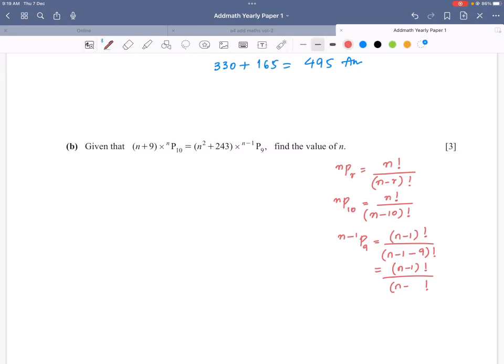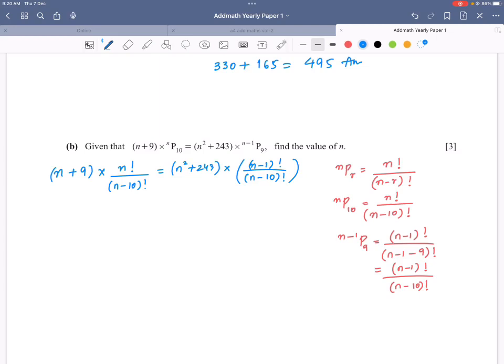Alright, now we need to plug in the formulas we have just derived. It says n plus 9 times nP10. For nP10, the working formula is n factorial divided by n minus 10 factorial, equal to n square plus 243 times n minus 1 P9, which is n minus 1 factorial divided by n minus 10 factorial.